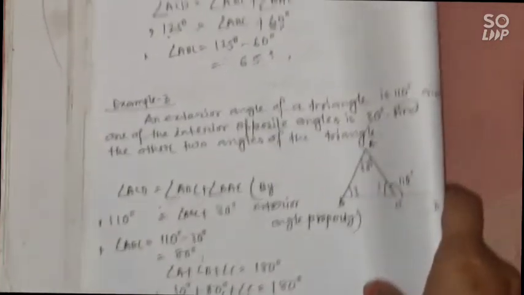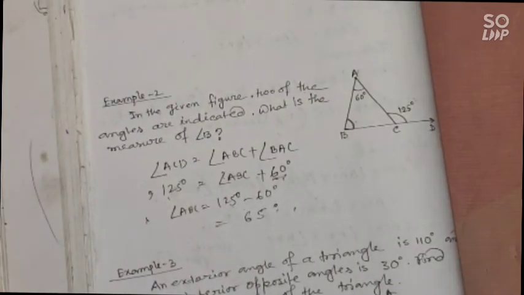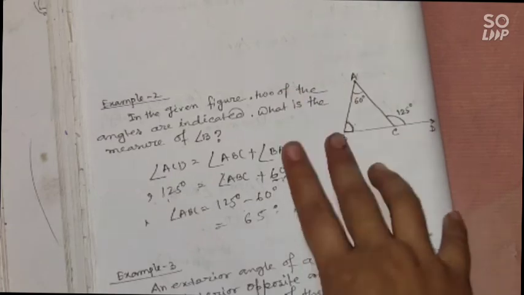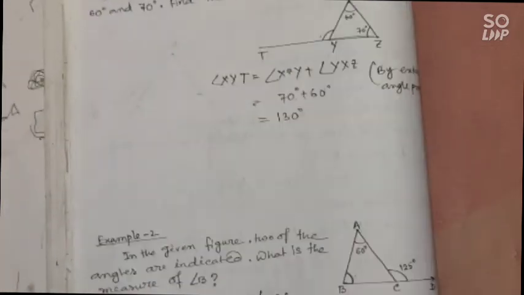So this is how you can solve the problem by using the important properties of triangles, that is, the angle sum property and the exterior angle property. So when you solve this type of problem, you have to remember the two properties of a triangle which you have learnt in the class.